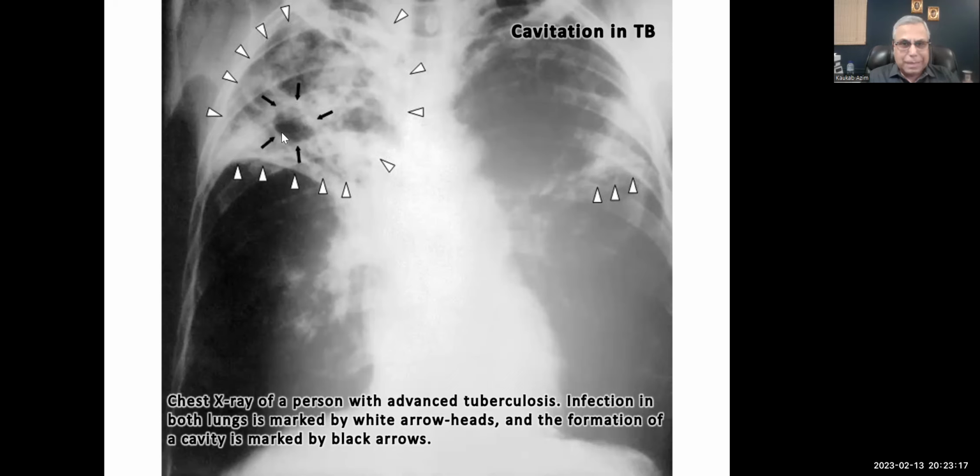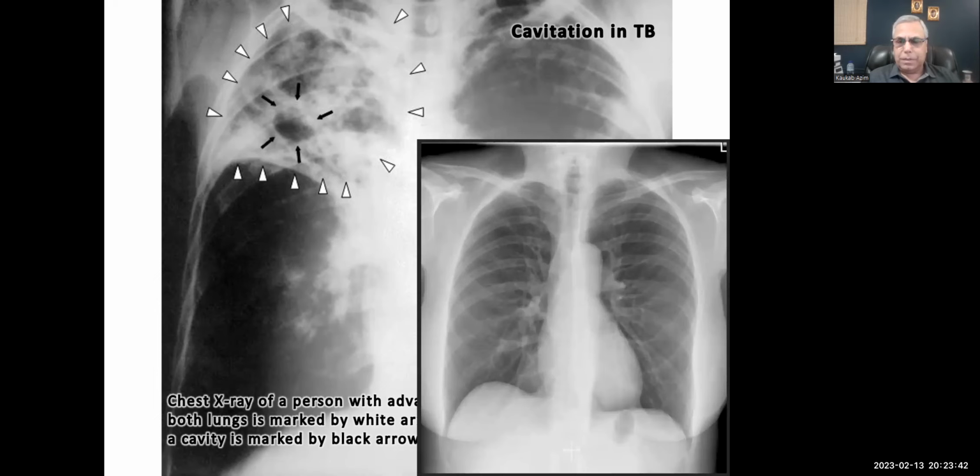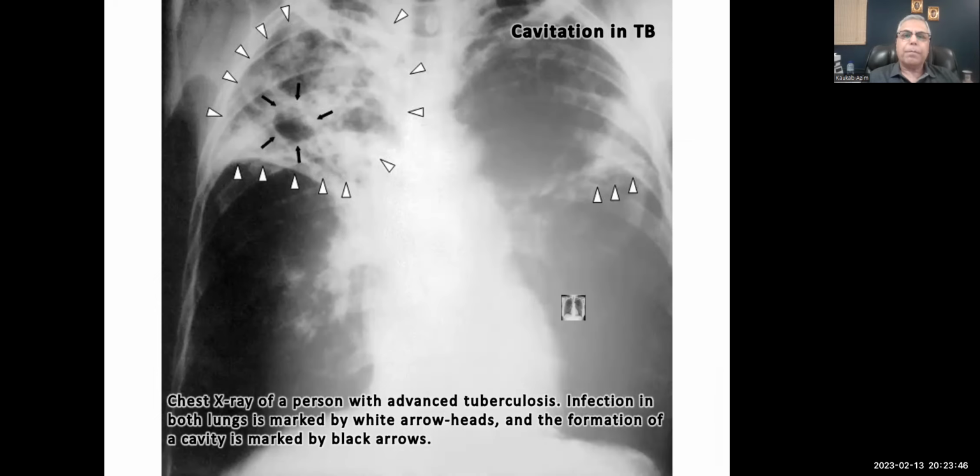So see, this is a typical appearance in advanced cases, but it may not be present in all types of infections. So the specialists, the chest specialists, the pulmonologists, the specialists in tuberculosis infection, can very quickly recognize from the chest X-rays whether tuberculosis is present or not. This is just a normal X-ray for comparison, okay?